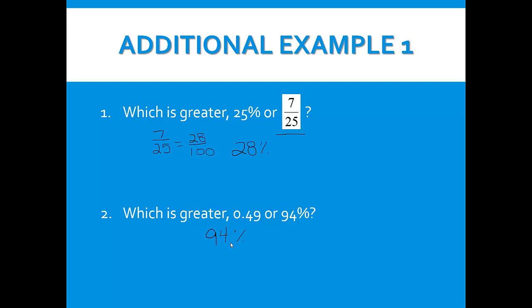Since there is no decimal in 94%, it would be at the end, and we'll move it 1, 2, which puts it in the front. So now we have 0.94. So this would be 94 hundredths, and we're comparing that to 49 hundredths. If we want to know which one is greater, that would be 94 hundredths, which was 94%.